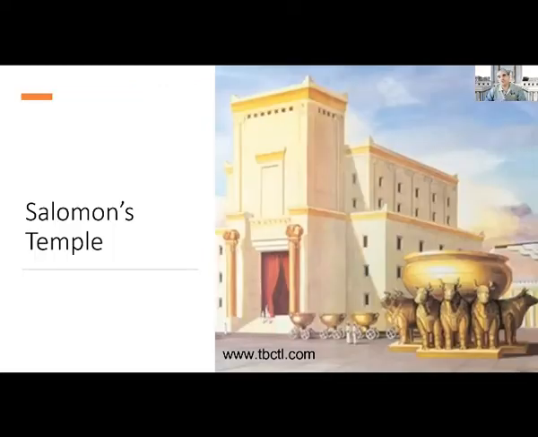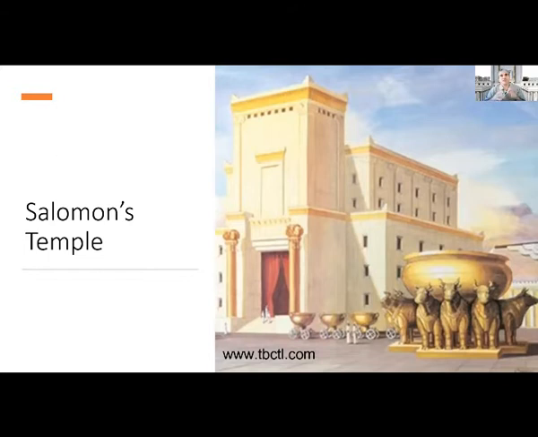One of the greatest achievements of King Solomon was the building of the house of God. Solomon built the first temple on the site where his father, King David, wanted to build, which is again Araunah's threshing floor, also known as Mount Moriah. This was one of the most lavish and most extravagant buildings in basically the entire Middle East. However, it was not the same size as the second temple, which we will talk about in a second.